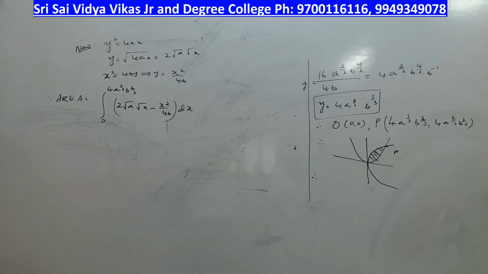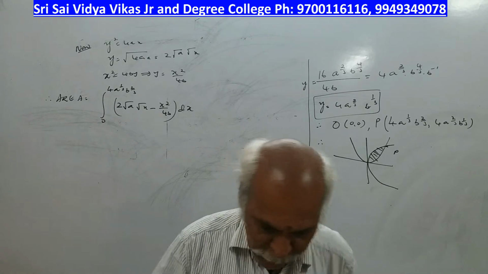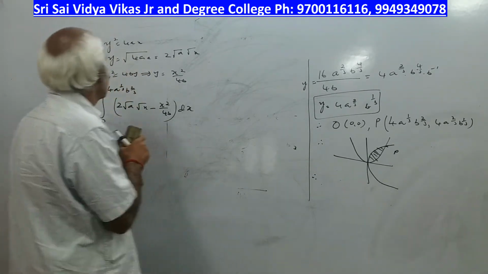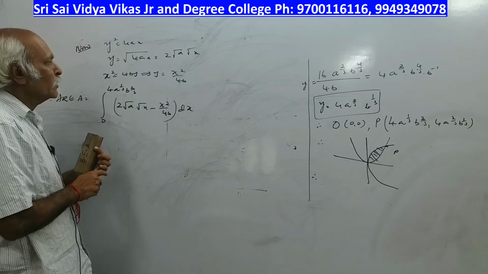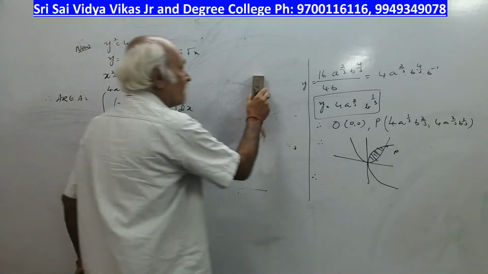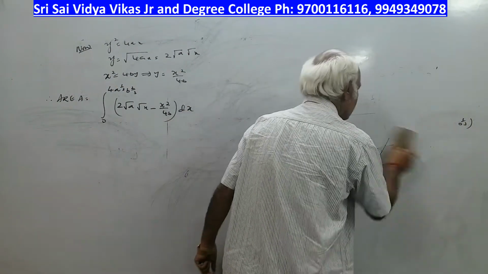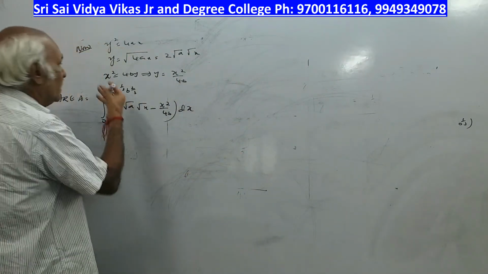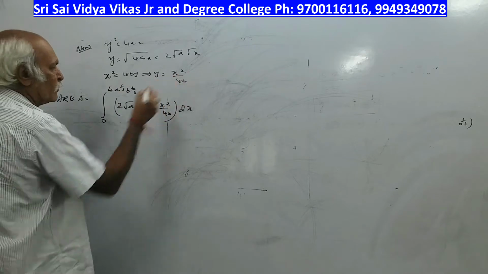Now we got a point of intersection. Now look at here. Given y square is equal to 4ax, from this y is equal to root of 4ax, right? And x square is equal to 4by, y is equal to x square by 4b.